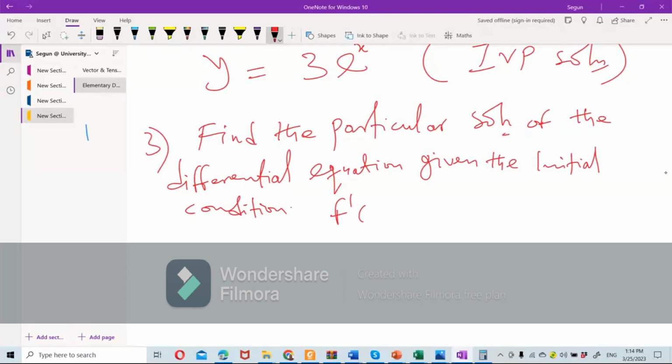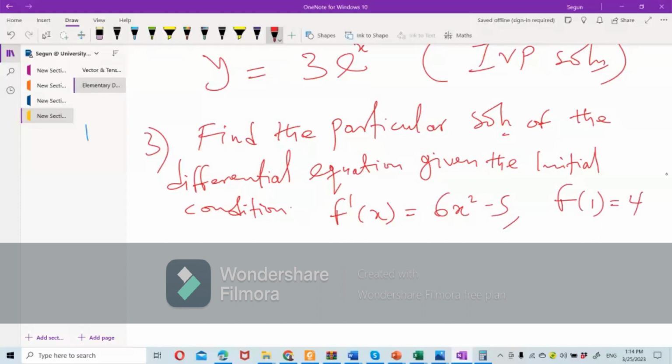That said, f prime of x equals 6x squared minus 5, and f of 1 equals 4.